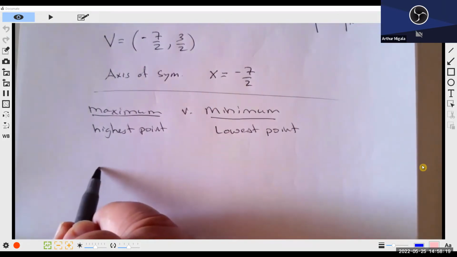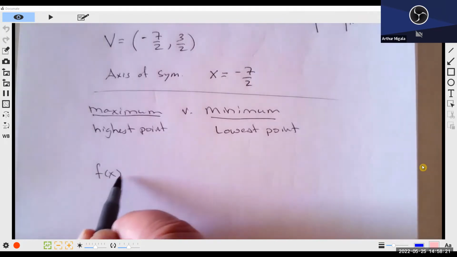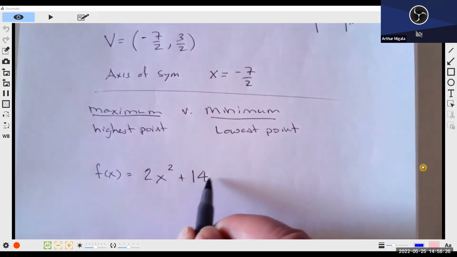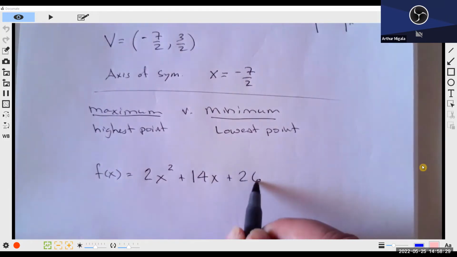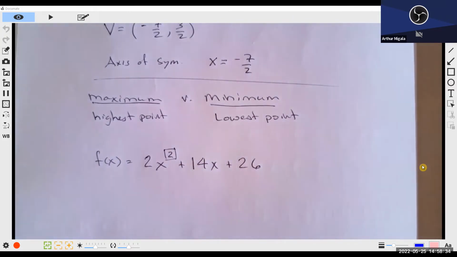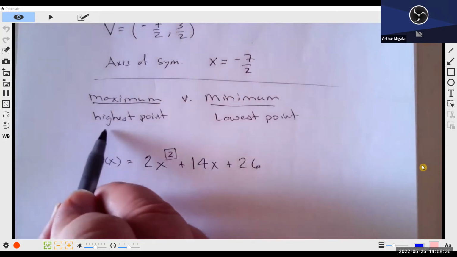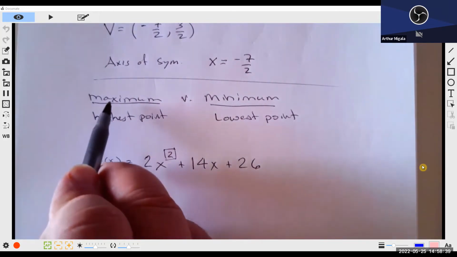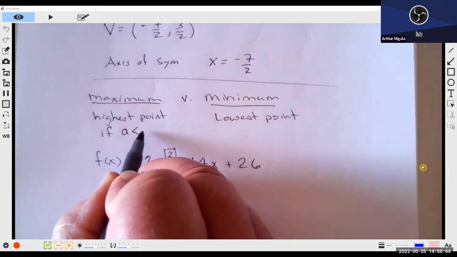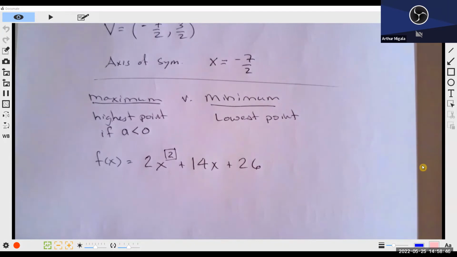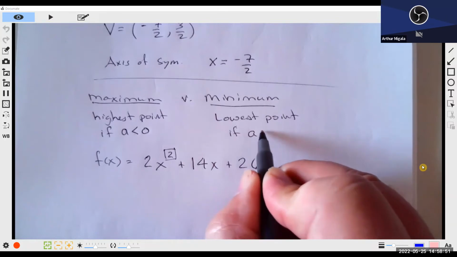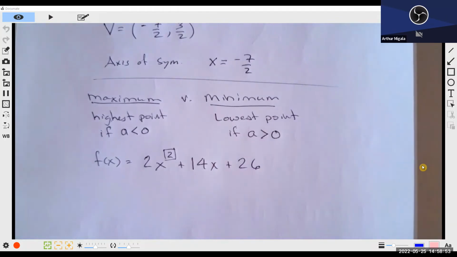Now, our equation, we know it's quadratic because it has a degree of 2. It's a maximum if A is negative. You have a lowest point, a minimum, if A is positive.